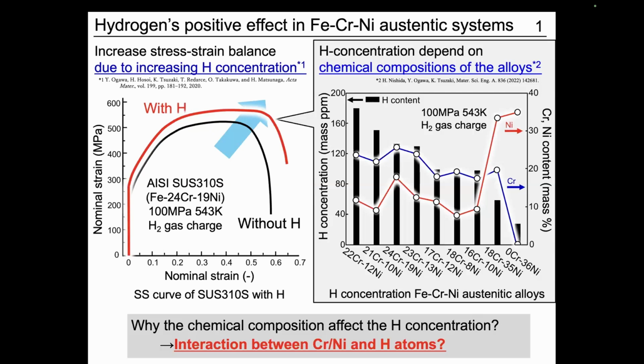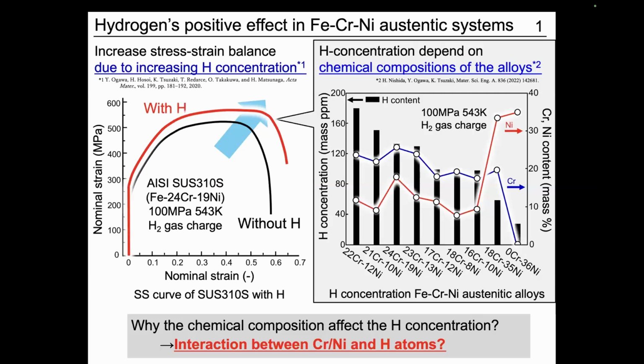And this effect is more pronounced when the hydrogen concentration increases, and the hydrogen concentration depends on the chemical composition of these alloys. Especially, chromium tends to increase the hydrogen concentration and nickel tends to decrease it.